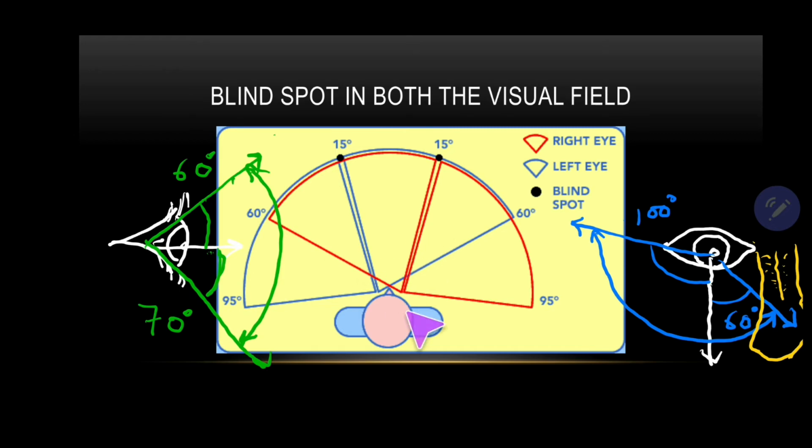You can see this right field of view is restricted to 60 degrees because of this nasal bridge. Similarly, in the left eye, this medial field of view is restricted to 60 degrees because of the nasal bridge.